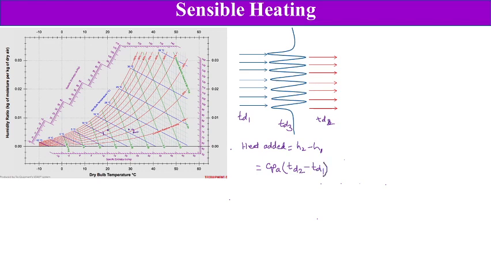So this is nothing but the amount of heat used to increase the temperature of dry air without water vapor, plus some part of the heat used to increase the enthalpy of the water vapor present. So omega, the specific humidity, into CPS, specific heat of steam, water vapor, into TD2 minus TD1.